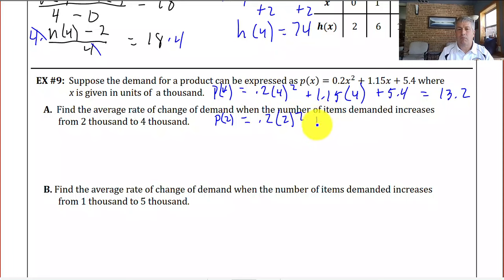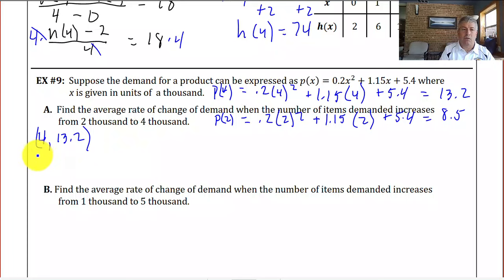and P of 2 is 0.2 times 2 squared plus 1.15 times 2 plus 5.4. I put that in my calculator and I get 8.5. So these are my y values. My outputs are 13.2 and 8.5. When my inputs are 4 and 2, I essentially have the ordered pairs 4, 13.2 thousand and 2, 8.5, and I want to find the average rate of change.